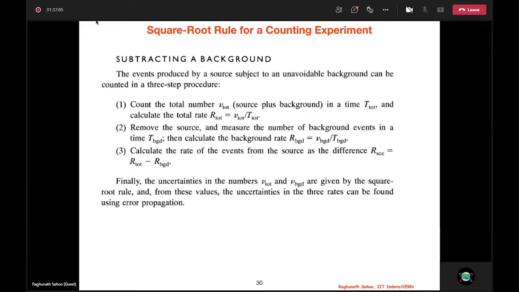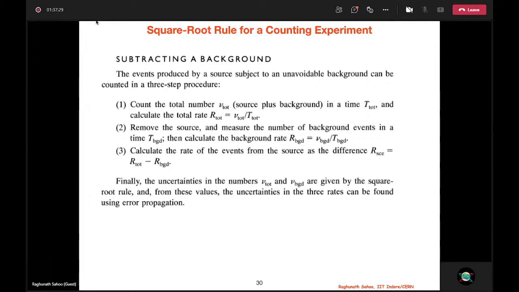It might happen that you will get background from the cosmic rays. So how do we deal with that in counting experiments? The rule of thumb is the following: how to get the background subtracted. The events produced by a source are subjected to unavoidable background, as I told you, which could be from cosmic rays or from any other source.